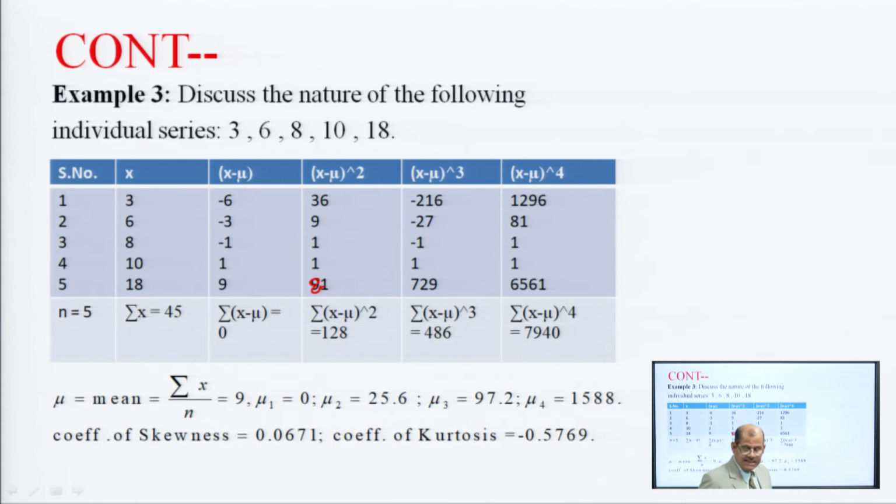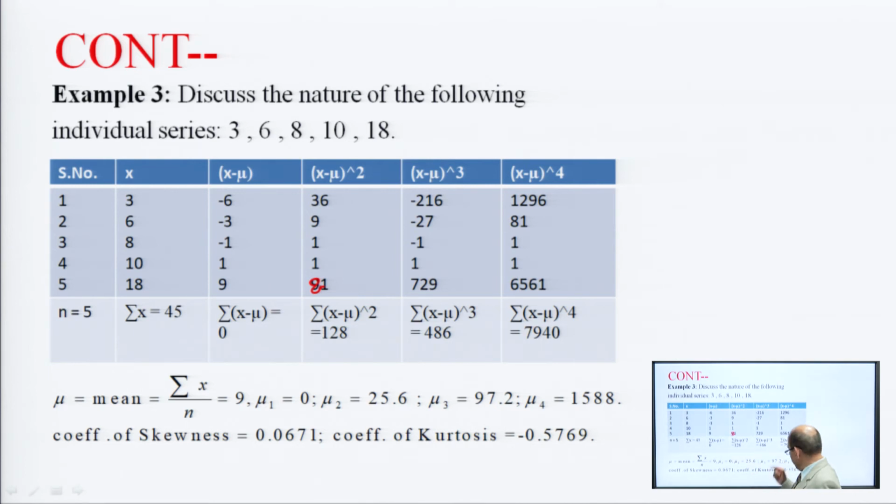Coefficient of skewness is mu 3 by mu 2 raised to the power 3 by 2. Substituting these values we get this. Again, coefficient of kurtosis is mu 4 divided by mu 2 square minus 3.